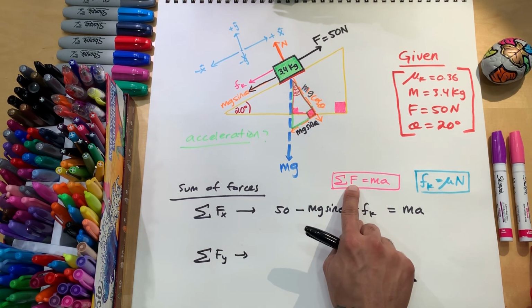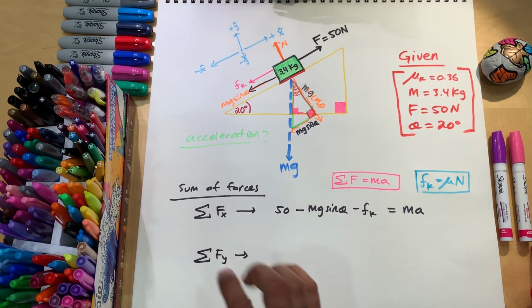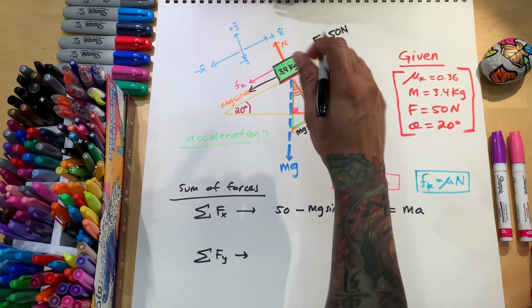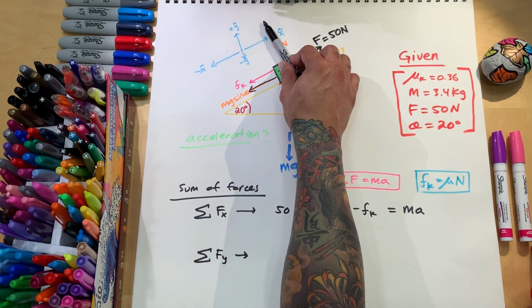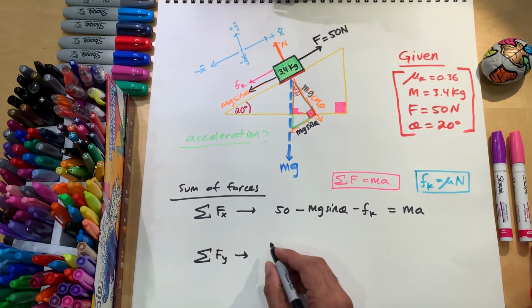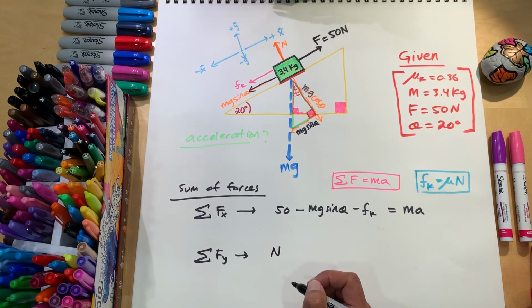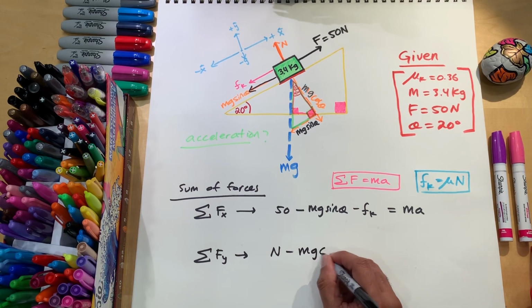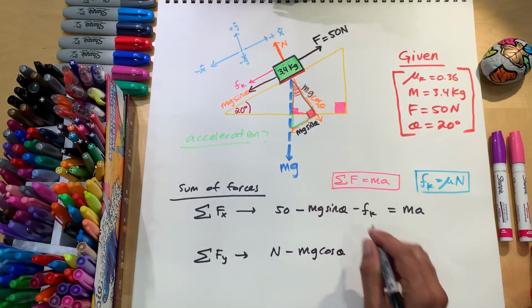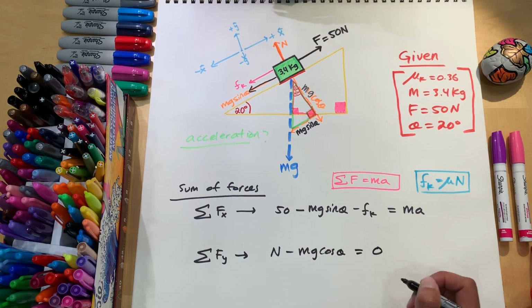So the sum of forces in the y now. The sum of forces, x and y, are being described. We did the x, now we're going to do the y. We have normal going up and mg cosine going down. So normal is positive and mg cosine of theta is negative because it's going down, is equal to 0.